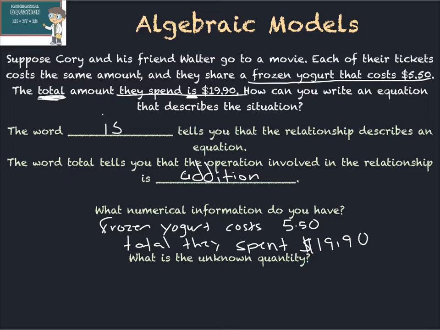Now, what is the total? The total, remember, we're adding everything together. So we're adding the frozen yogurt, and there's one more thing we're adding together, and that's our unknown quantity. What don't we know yet? We don't know how much their tickets cost. Okay, so we don't know the cost of each ticket.